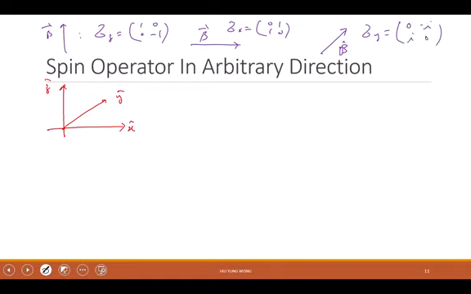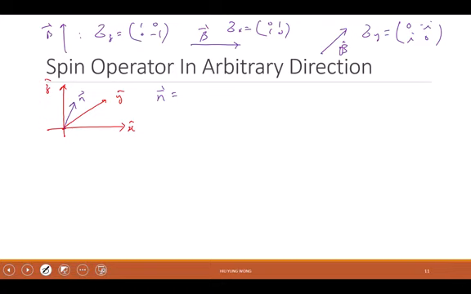What if my magnetic field is in an arbitrary direction n, a unit vector? What would that be? This is very interesting. We're doing 3D space now.